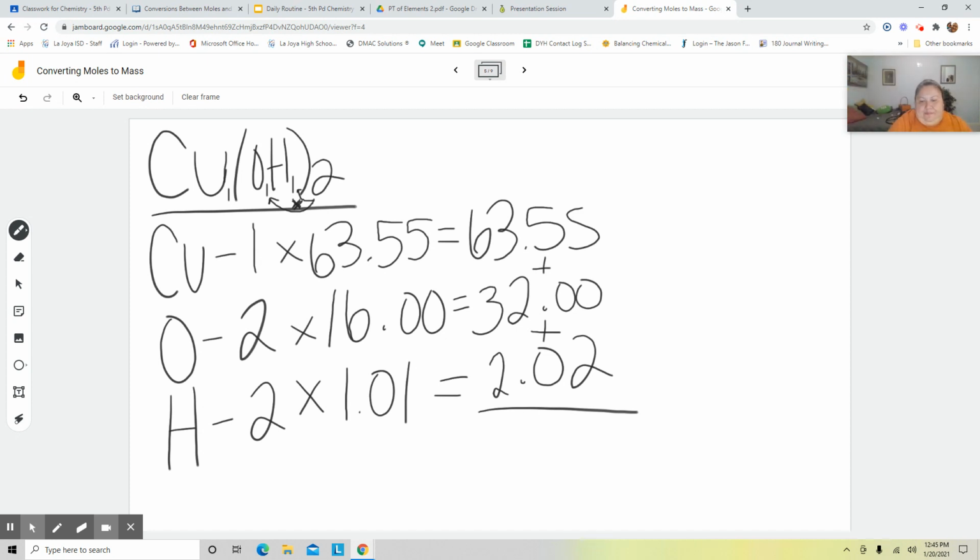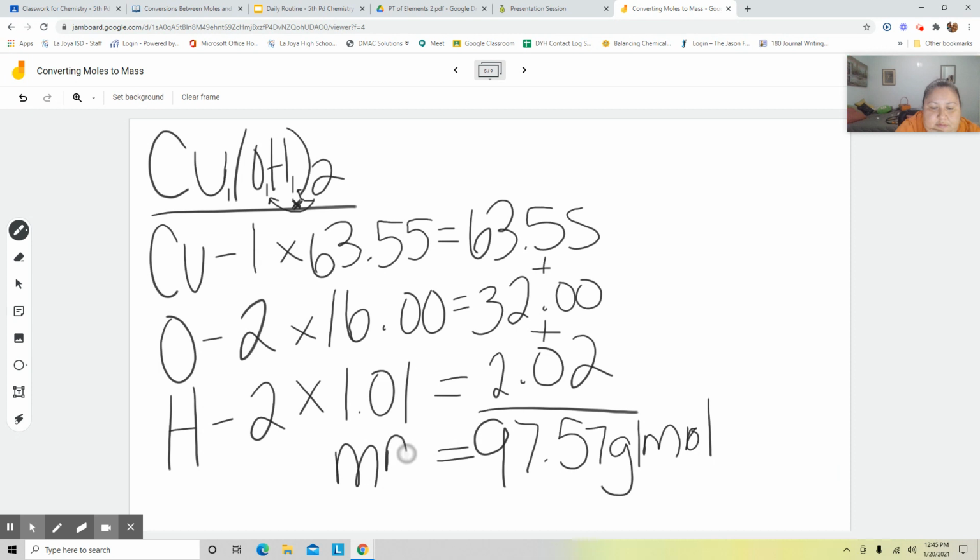97.57. Okay. So now that I have 97.57 grams per mole, right? That's molar mass. This is the molar mass of our compound. Very good, Alexia. So I'm going to take this information and I'm going to use it over here.